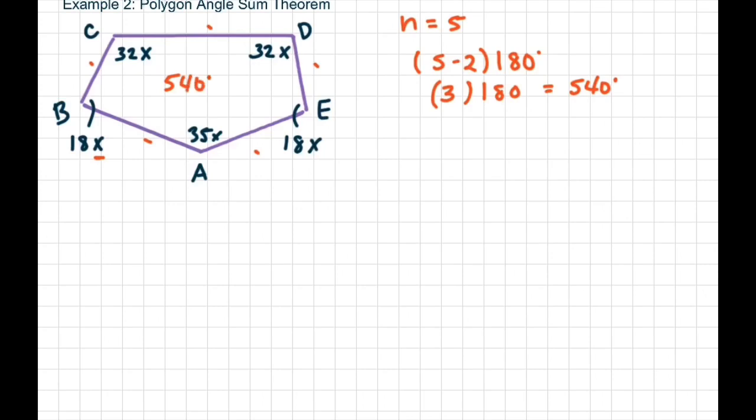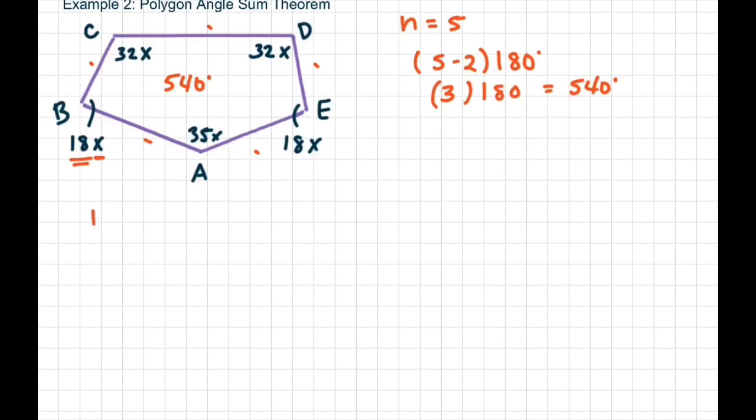But if I want to know each angle on its own, I have to be able to add all the variables together and solve for x and set them equal to 540. So what that means is we'll start with the lowest one.